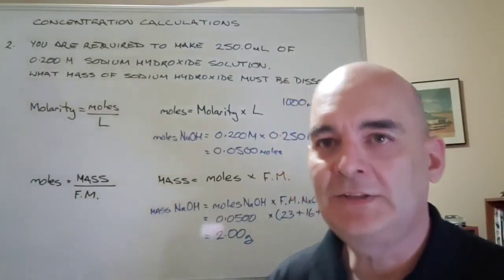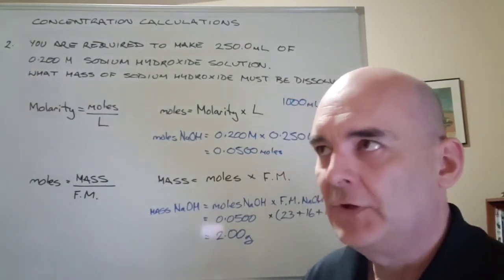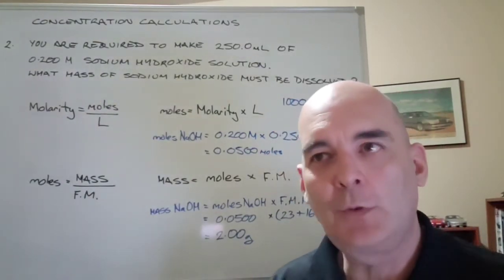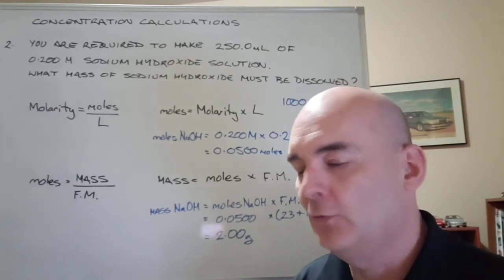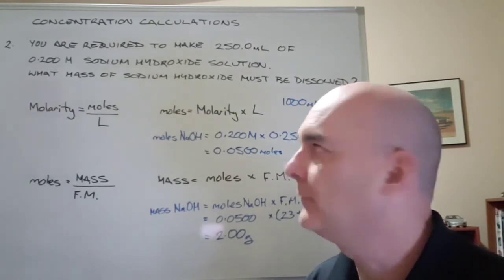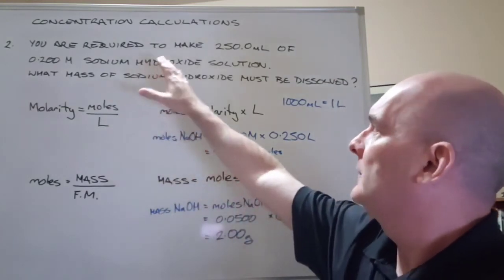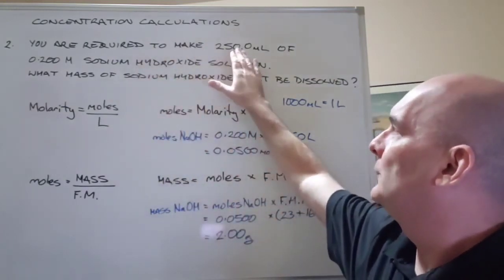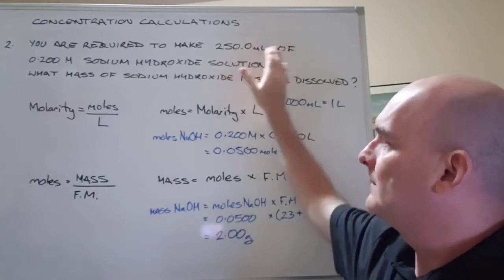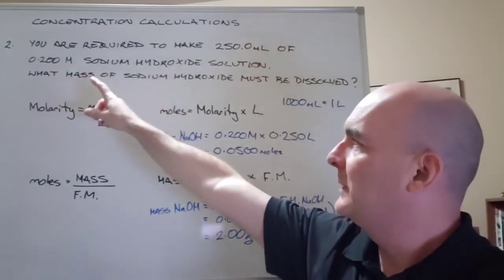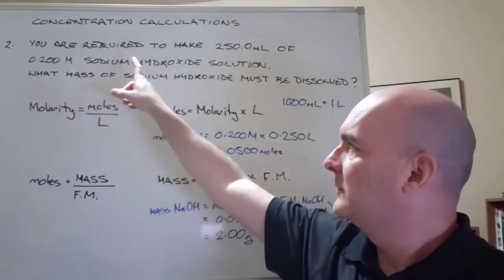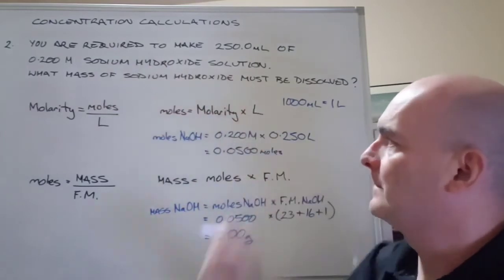Okay, here's a second calculation that asks the question backwards. This one actually is more realistic in the kind of thing that we do more day to day. You're required to make a 250 milliliter solution of 0.200 molar sodium hydroxide solution.